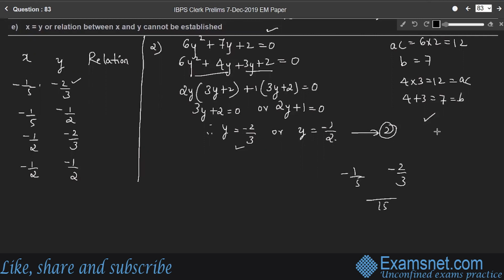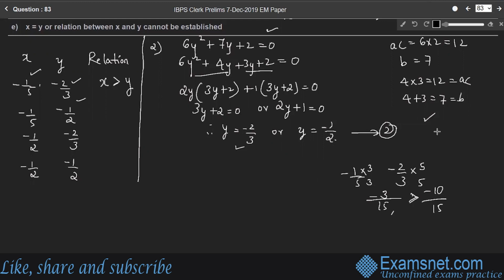So we can express -1/5 as -3/15, multiplying both numerator and denominator by 3, and we can express the second fraction as -10/15. Compare the values. Which is greater, which is lesser? -3/15 is greater than -10/15. What is -3/15? -1/5, which is x. So x is greater than y.